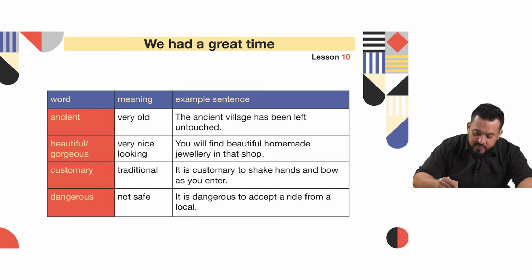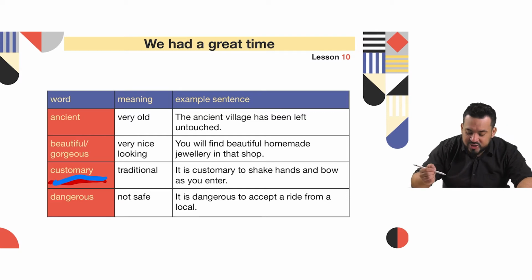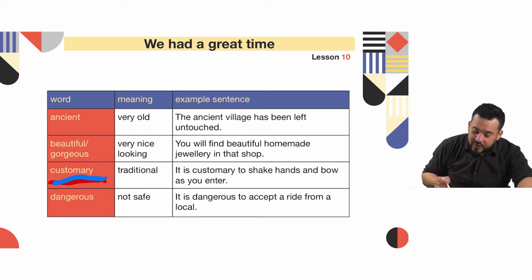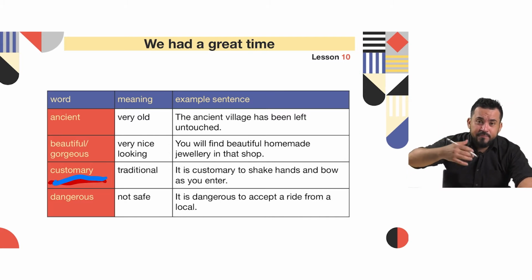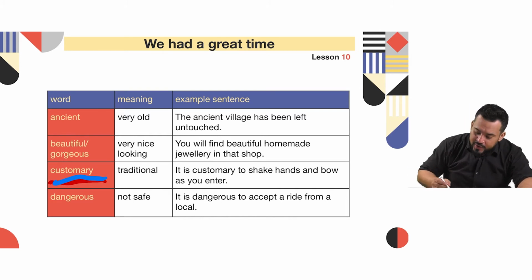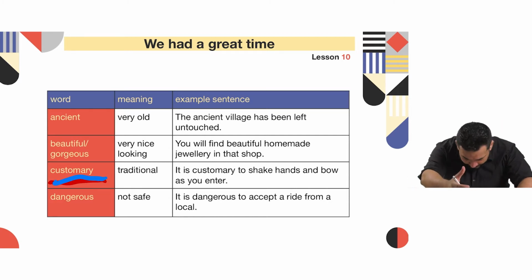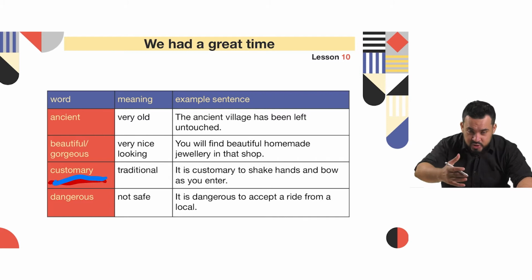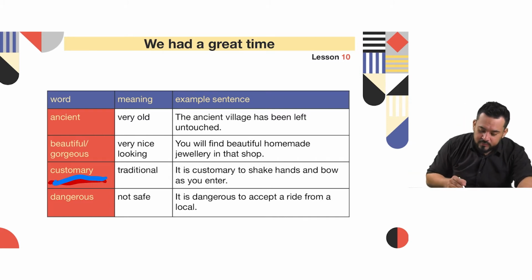Customary means traditional. It means it follows a tradition of a particular culture or country. Like it is customary to shake hands and bow as you enter. Bow means lower your head in respect.